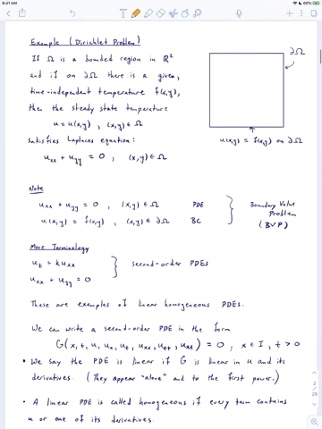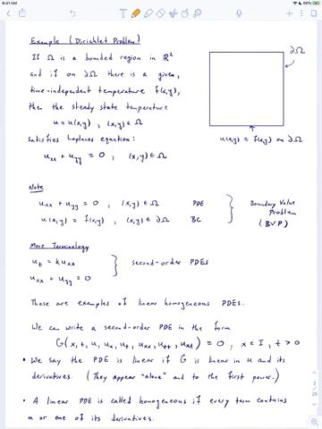Let's look at an example. This is often known as the Dirichlet problem. If omega is a bounded region in R2, and here I've drawn some randomly selected bounded region. It doesn't have to be a square. That was just convenient to draw. So if omega is a bounded region in R2, and if on the boundary, so this symbol means the boundary of omega.